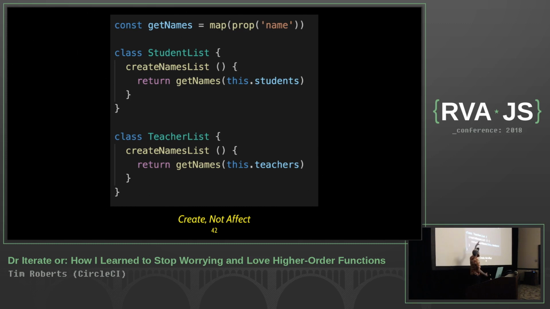And now, instead of this idea being tied to my data structure, I'm free to apply this idea in any domain I want. Any place I need to get their names, I have a new Lego piece, right? By gluing map and prop together, by gluing a red and a blue one together, I have this purple piece, this get names piece, that I can now pass around as if it was a value.